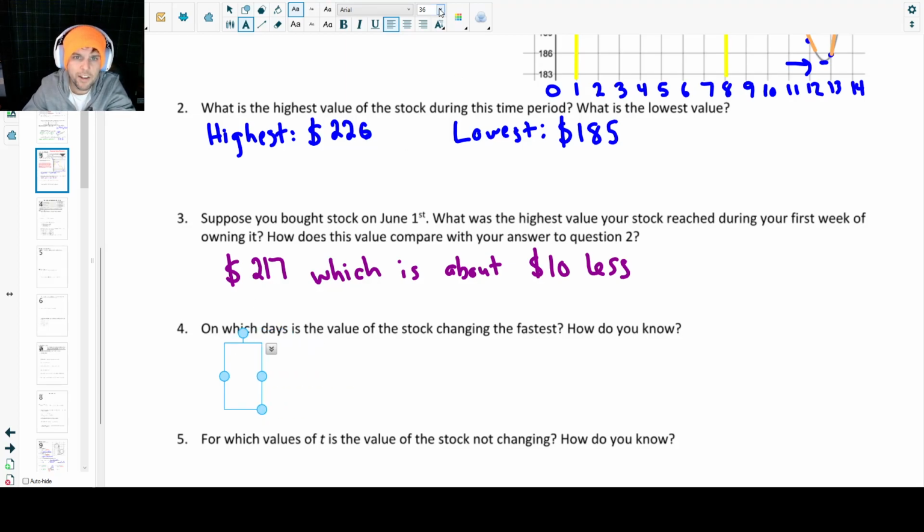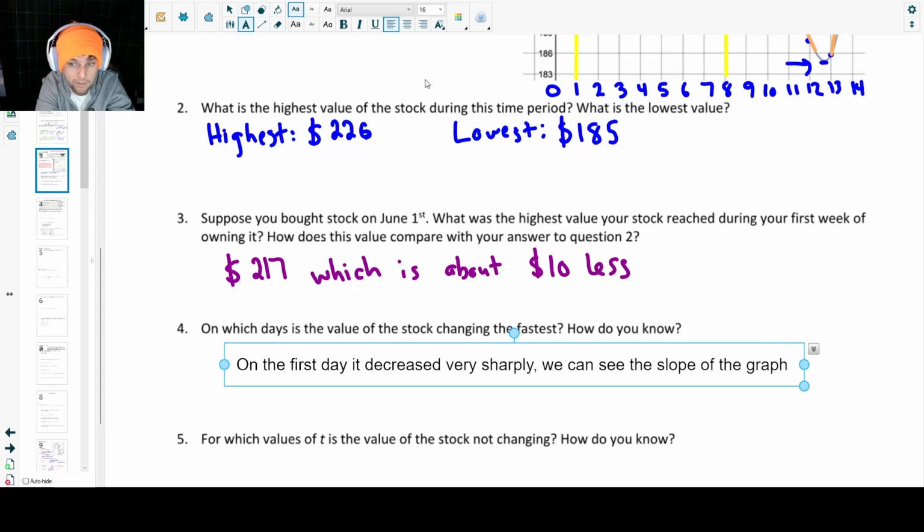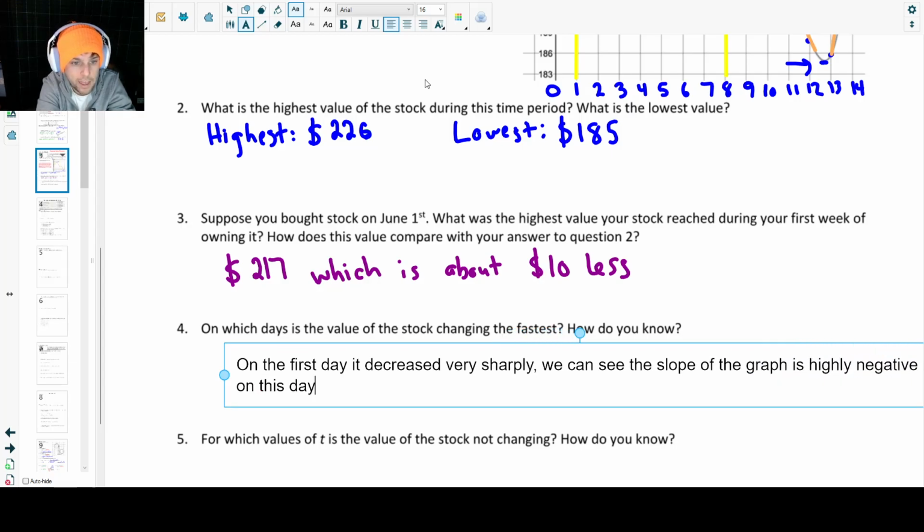Let's change that font size. On the first day, it decreased very sharply. We can see the slope of the graph is highly negative on this day.